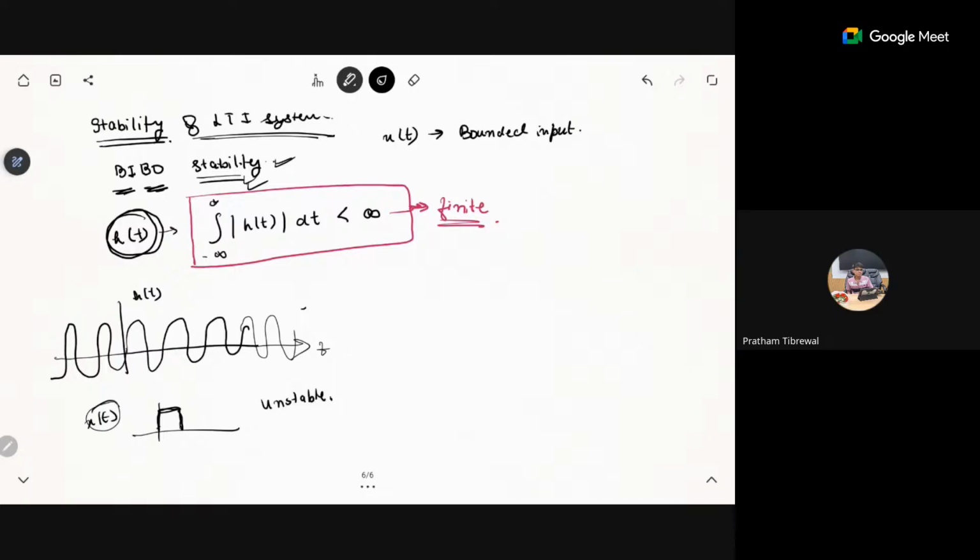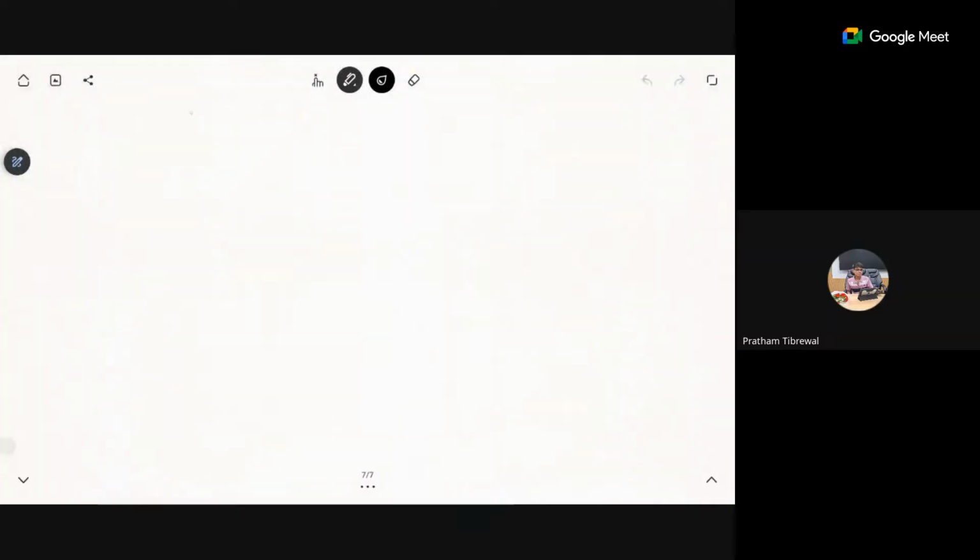Okay, let's consider one more example, then it will be more clear. Now you have your h(t) as this function.